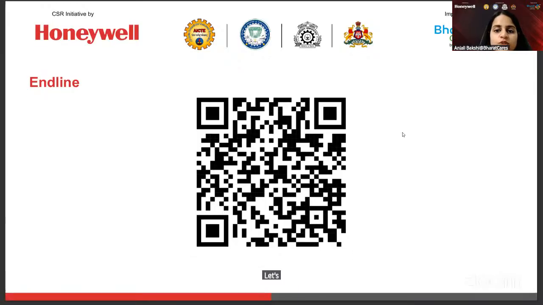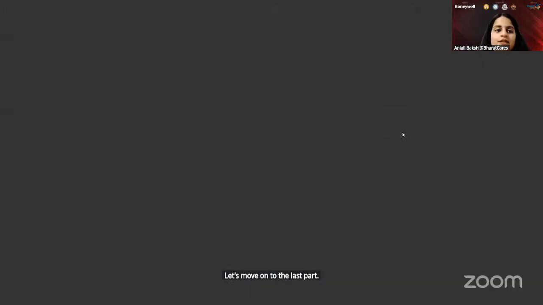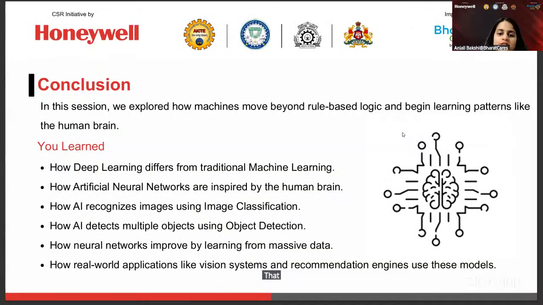Let's move on to the last part, that is the conclusion. In this session, we explored how machines move beyond rule-based logic and begin learning patterns like the human brain, right?